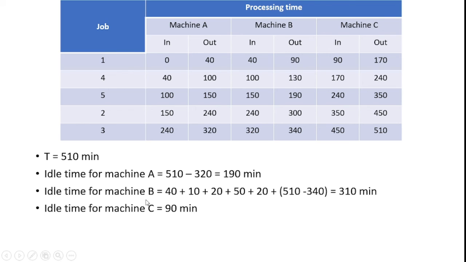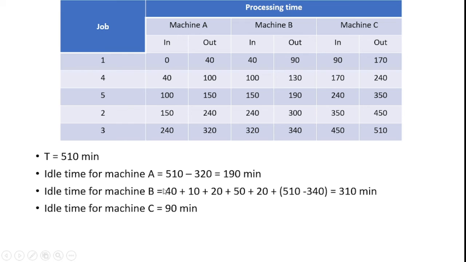And then the idle time for machine B: how much time it waits for job intake. You can see here the initial job enters after 40 minutes only, so I write 40 as the idle time of machine B, because only after the job is completed on machine A can I move it to machine B. So for 40 minutes machine B is waiting for job 1.